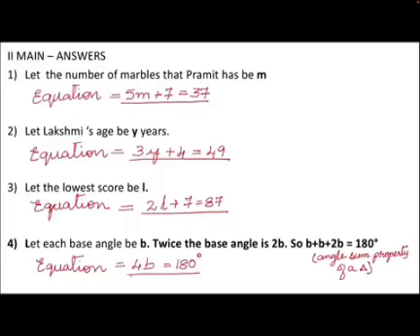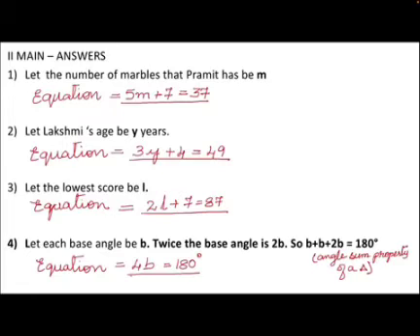In the second main, we had a few statements and you had to construct equations. Very simple, children. The first one is, Irfan says that he has 7 marbles more than 5 times the marbles Parmit has. So Irfan has 37 marbles. How to frame an equation for this?